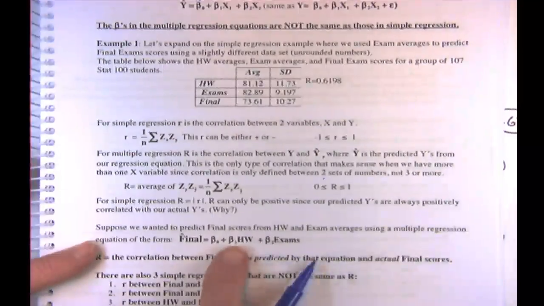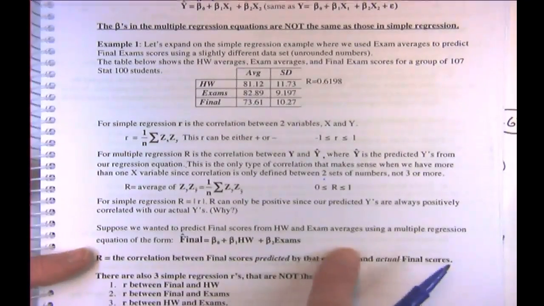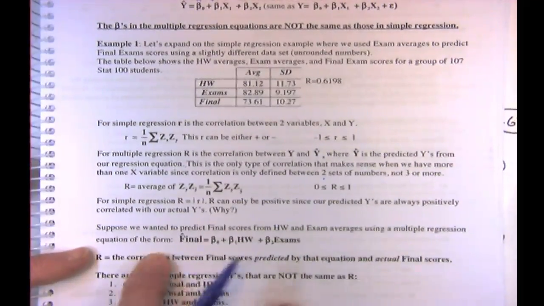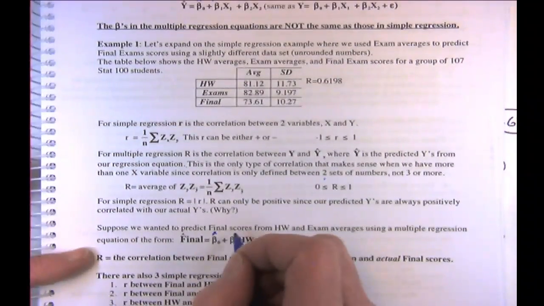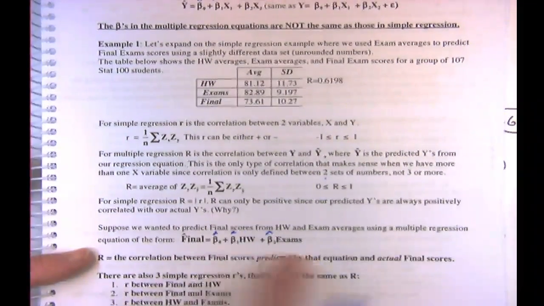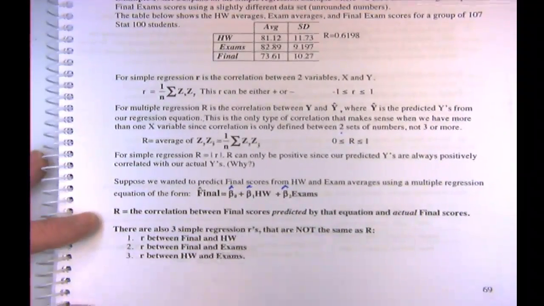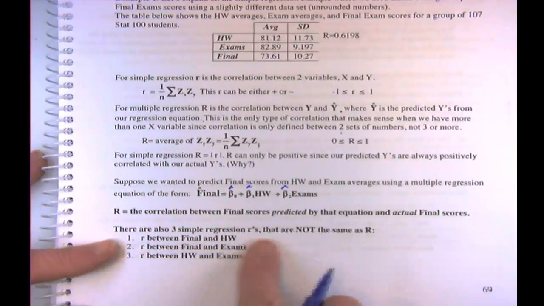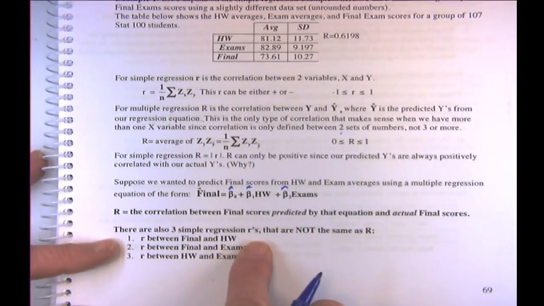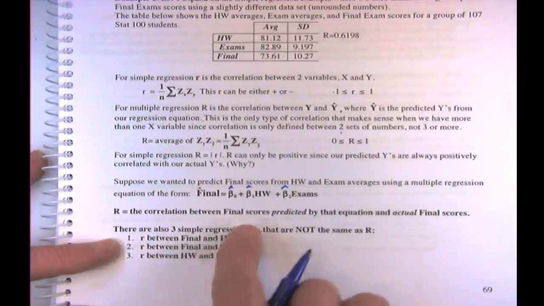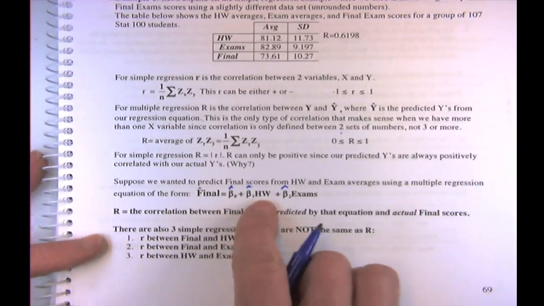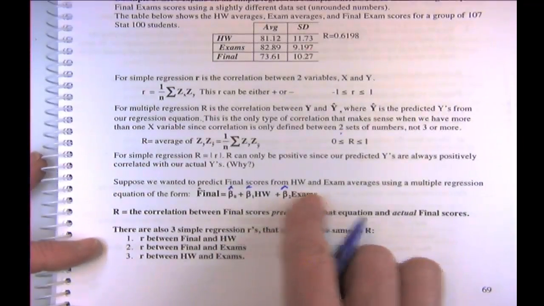Now, suppose we wanted to predict final scores from homeworks and exams using this form. Let's think about what we need to do. There are also these simple regressions: homework predicting final, and exams predicting final.